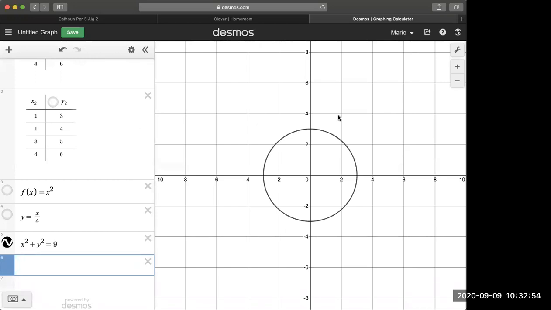This graph, this circle, is not a function, because if we think about what is a function, every x has exactly one y value. So if I take this x value, -2, at -2, the y value is 2.236. But right here, if the x is -2, the y value is -2.236. Since you have two separate y values with the same x, it is not a function.